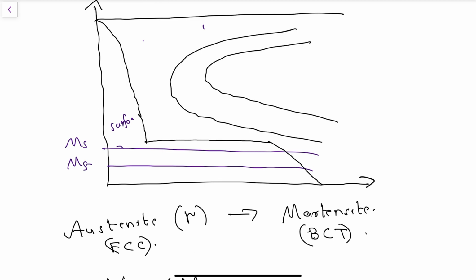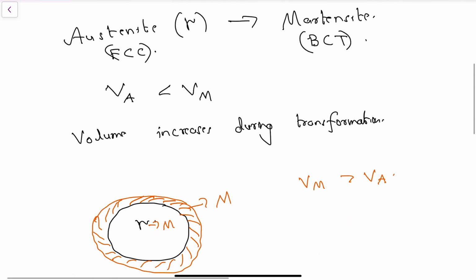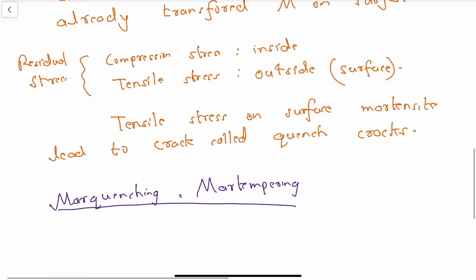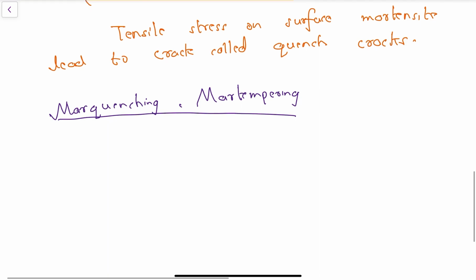By holding it for this period, the inside and the surface get time to convert to martensite, and the final martensite forms after this period. So this is called martquenching or martempering.